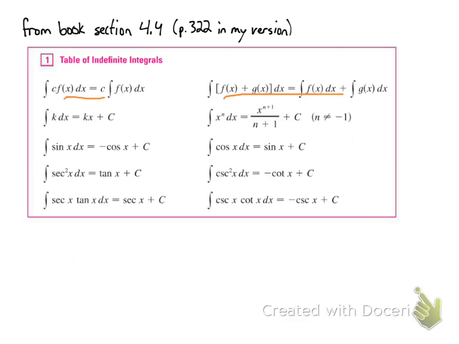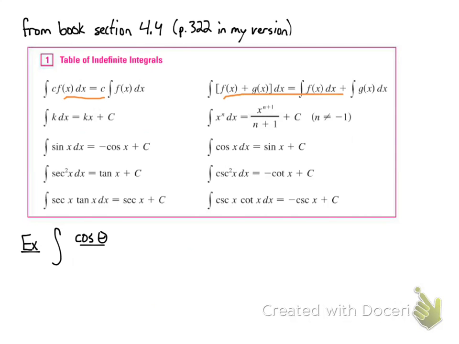And then the others are the kinds of functions we know how to find the antiderivatives of. The antiderivative of a number k is k times x. The antiderivative of sine of x is negative cosine of x, and so on. We will develop more rules as we go on, more strategies for finding indefinite integrals or antiderivatives, but these are the ones we know so far.